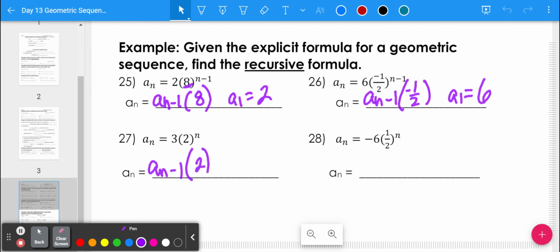The number inside the parentheses doesn't change, it is 2. That's what I'm multiplying by every time. My first term is 3. For 28, a sub n equals a sub n minus 1, the part that never changes. My common ratio is 1/2. And my first term is negative 6.